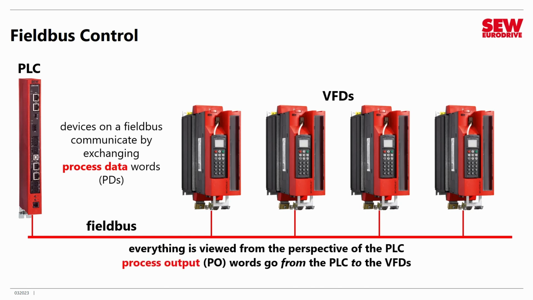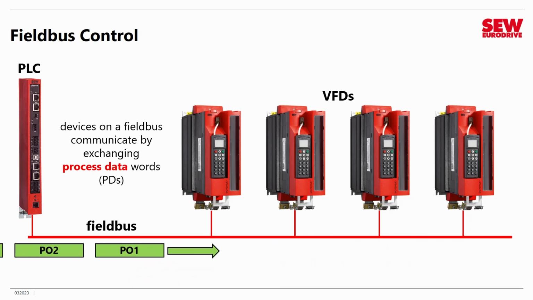So we call process output words, POs, the words that go from the PLC to the VFDs. These typically send commands and parameters to the VFD to control what they do. Process input words, or PIs, go to the PLC from the VFDs. Usually PIs carry status information that the PLC wants to know.